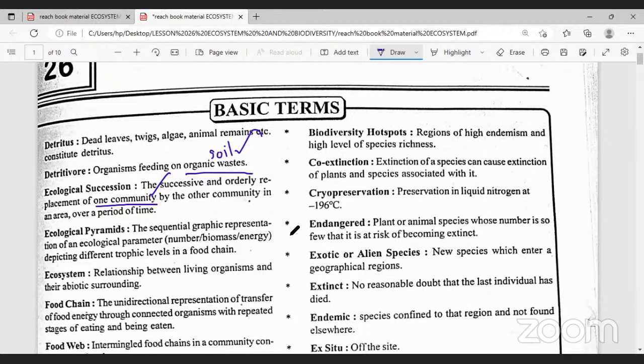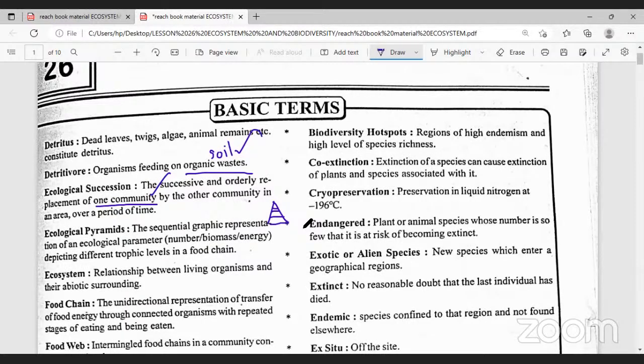Just like this is the pyramid shape. It depends upon their number, biomass, and energy.